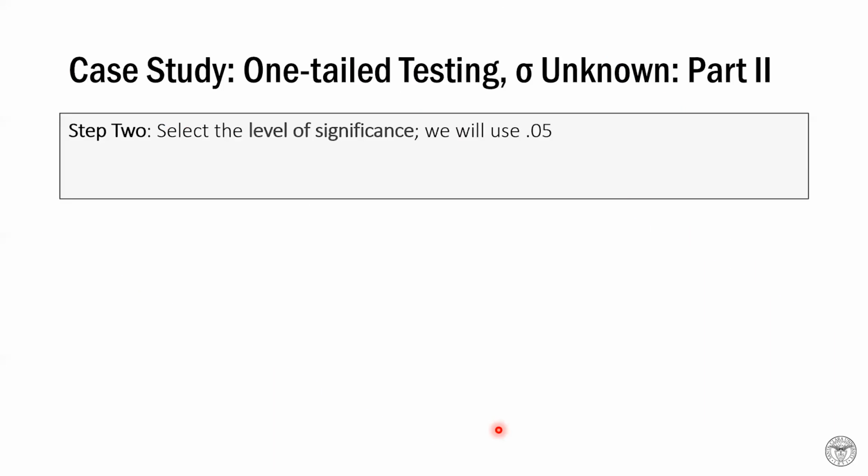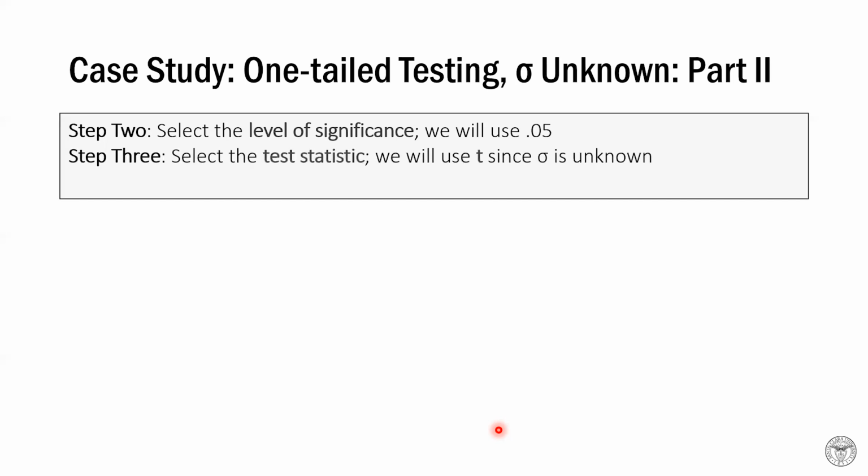The level of significance has been preset at 0.05. Given that sigma is unknown, we will use the t-value as the test statistic.